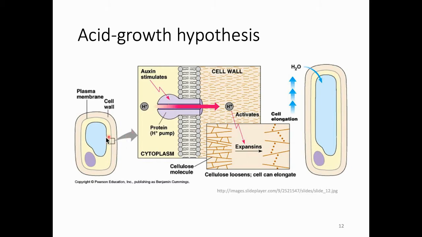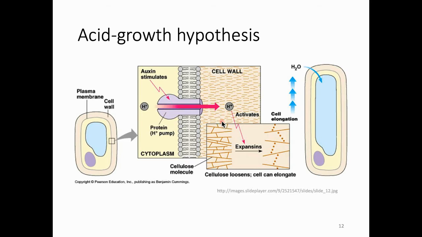If you focus on this part of the plants, the left side is cytoplasm, the right one is cell wall. In the middle is the plasma membrane. And here you have a proton pump, which is like a gate that allows protons to travel from the cytoplasm to the cell wall.